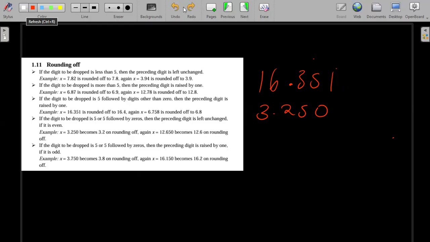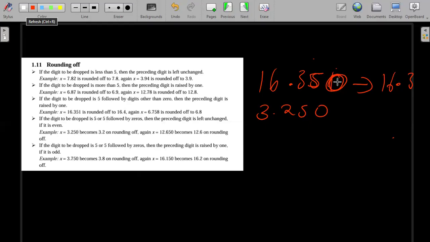But let's say you're having a number looking like this. Let's put a 0 here. So in this case, you wouldn't add a 1 here. You also have to consider what is on the other side. If this 5 is followed by a 0, to this 3 you wouldn't add a 1. You would just maintain it the way it is. It will be 16.3. So you also have to consider the number next to 5.